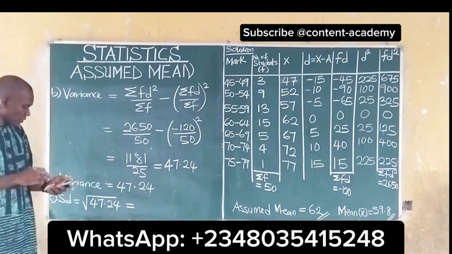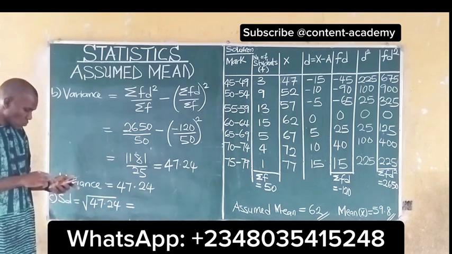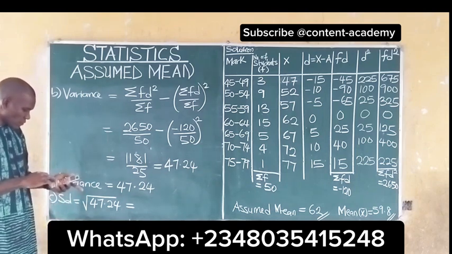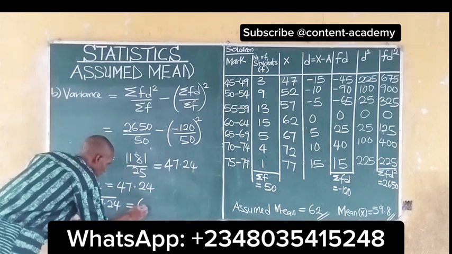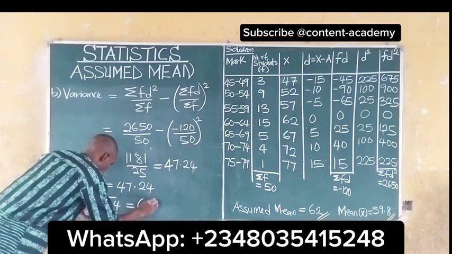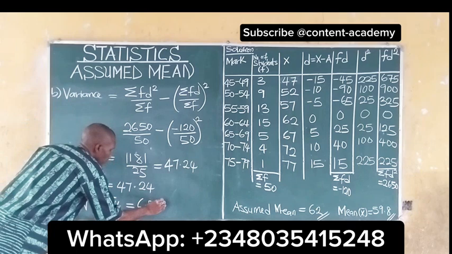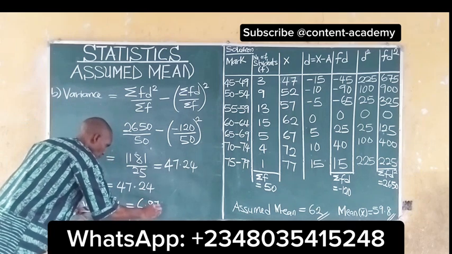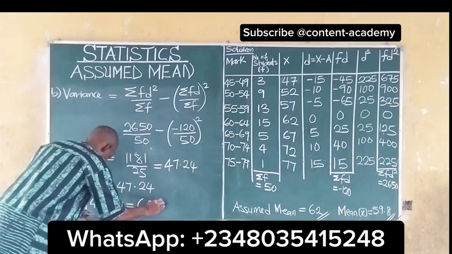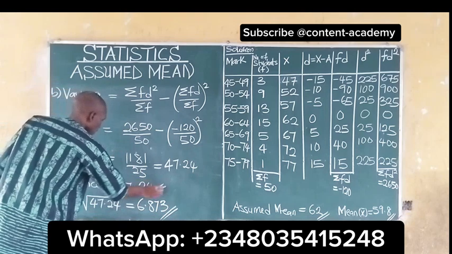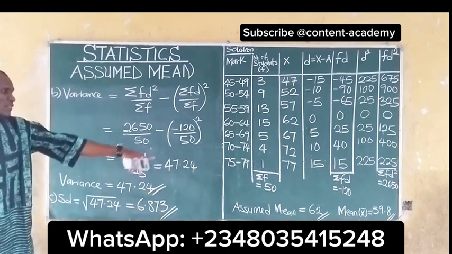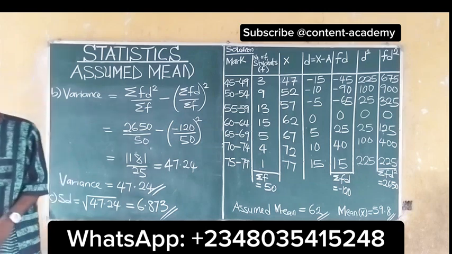So we say the square root of 47.24 gives 6.87. So this is our variance, this is our standard deviation, and the mean is 59.8.